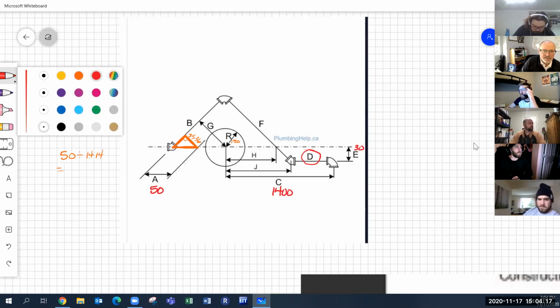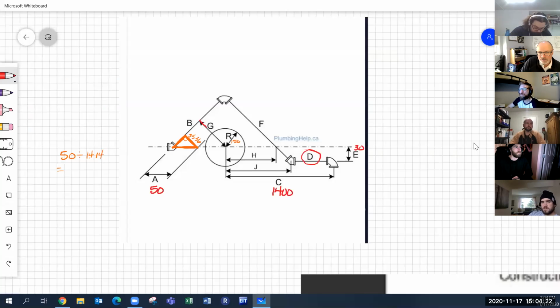Now I know that R is 150, so I could draw another right angle triangle starting right there, and bring it all the way to the top and follow it there. There's the right angle. Now I know that this is 150 in here, and this is 35.36. So the run of this line is equal to 185.36.